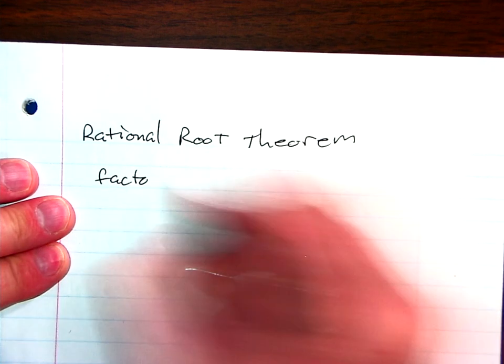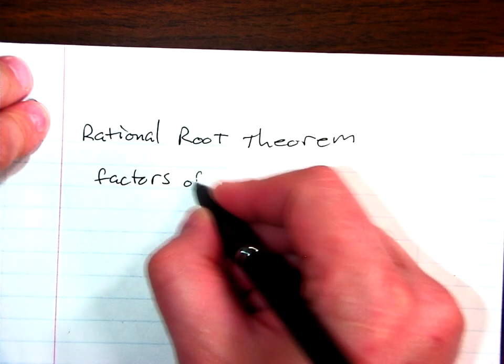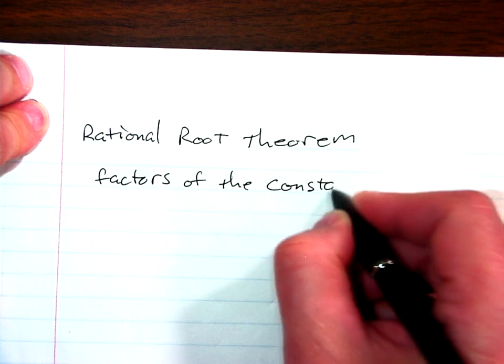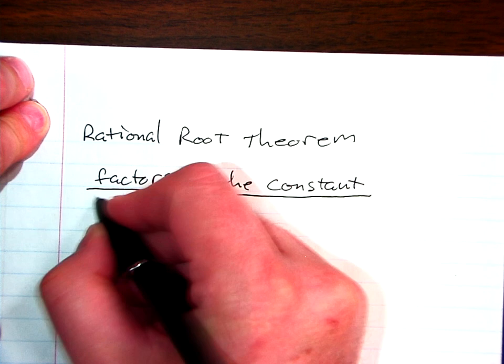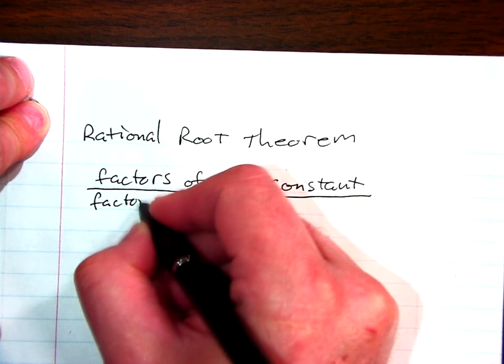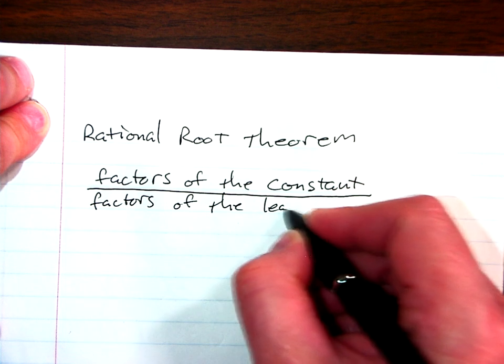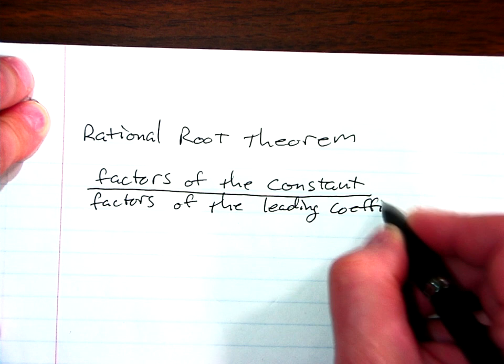All right, the rational root theorem says we take the factors of the constant, over factors of the leading coefficient.